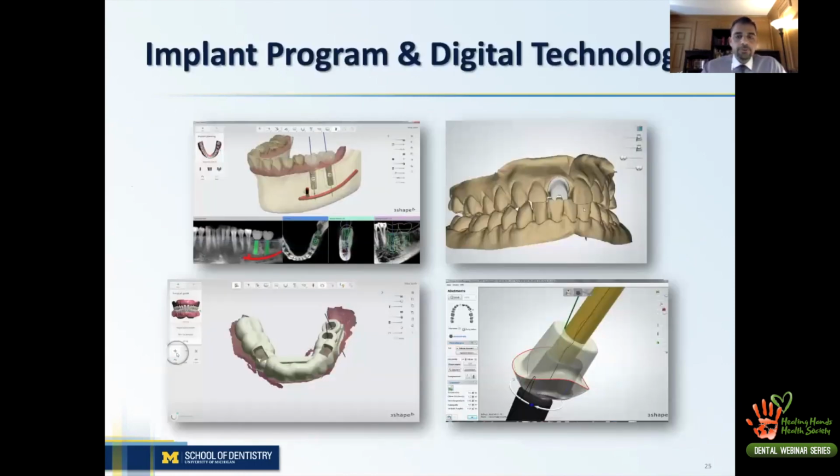Now, in the last few years, we have introduced digital technology to show them what could be done with digital technology in the planning as well as the restorative side of implants. So we have our implant planning software where we get cone beam CT scans done.